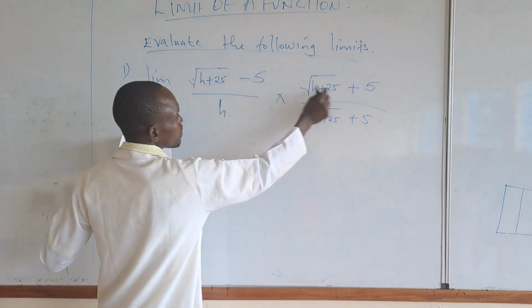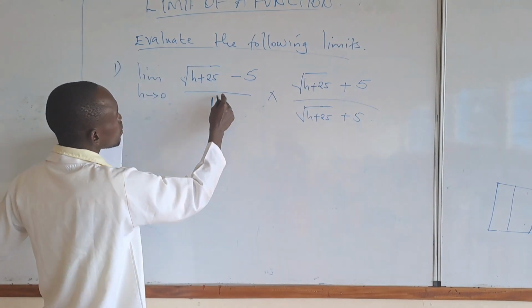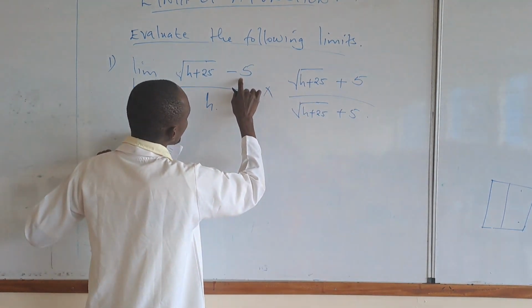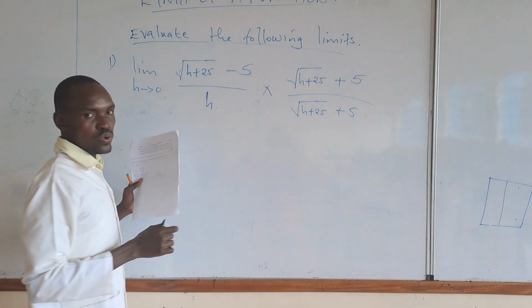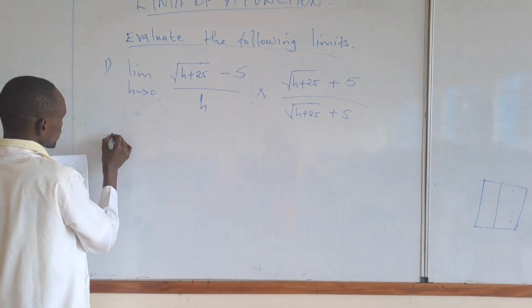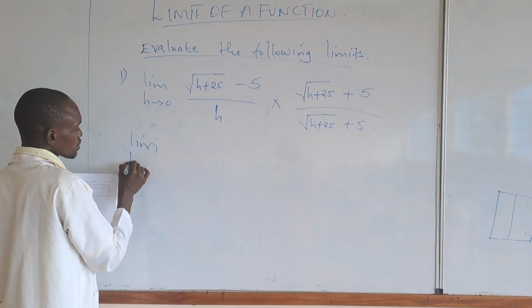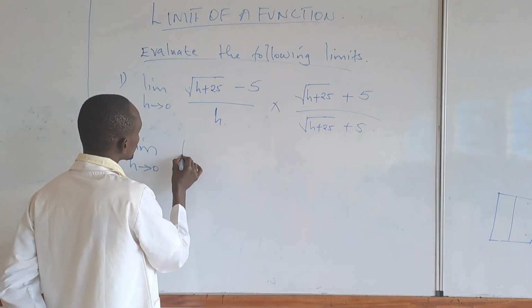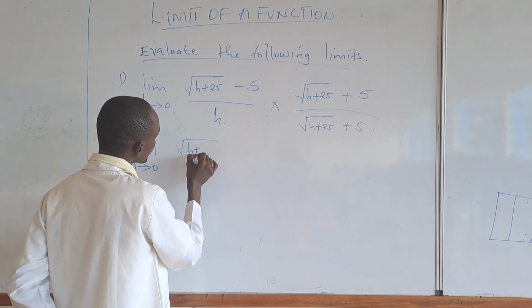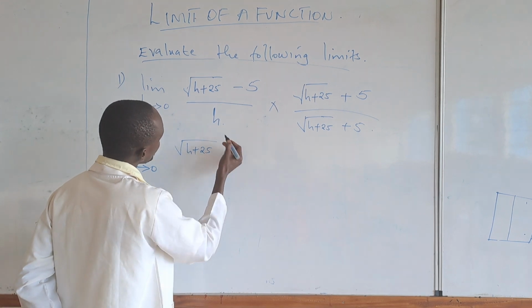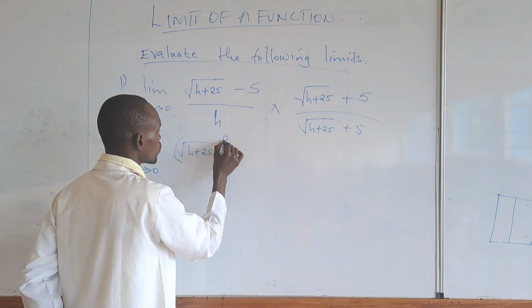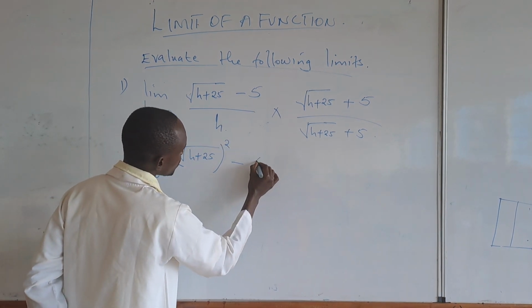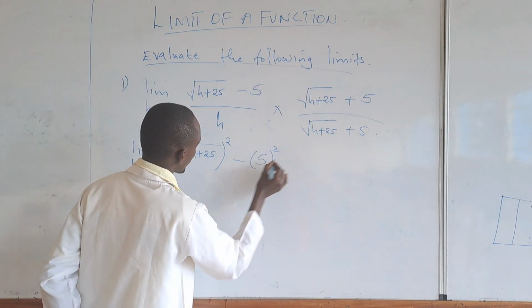And if we multiply this, it simply means you square the square root of h plus 25, then minus 5 squared.